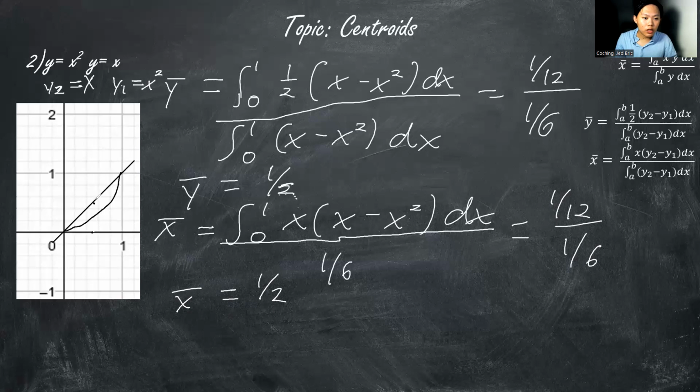That's the centroid of our shape. The centroid is 1/2, 1/2. And that's how we get the centroid of the area between curves.